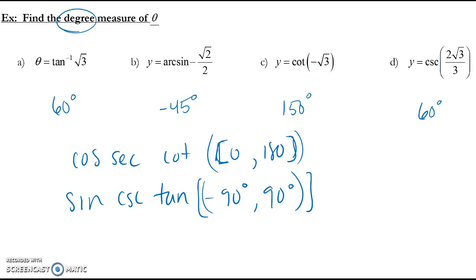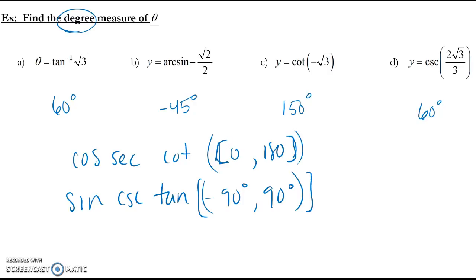One last thing that I want to mention. You'll recall back earlier in the year whenever we had to use our inverse buttons, sometimes we would get negative answers and you guys were wondering, well, why do we get a negative here and why do we get a positive here? And my common answer was, I know you don't understand now at this point, but you'll get it in chapter 6. Well, this is when you get it. The calculator understands those restrictions.